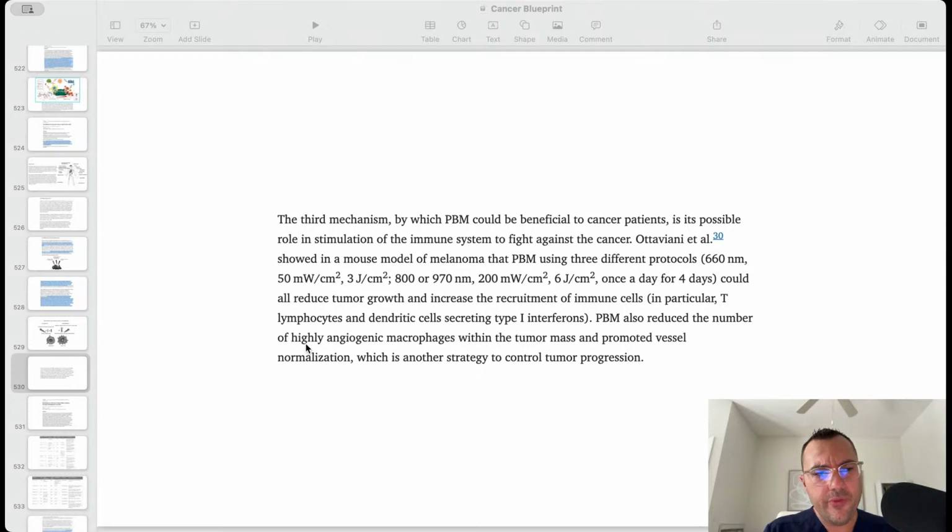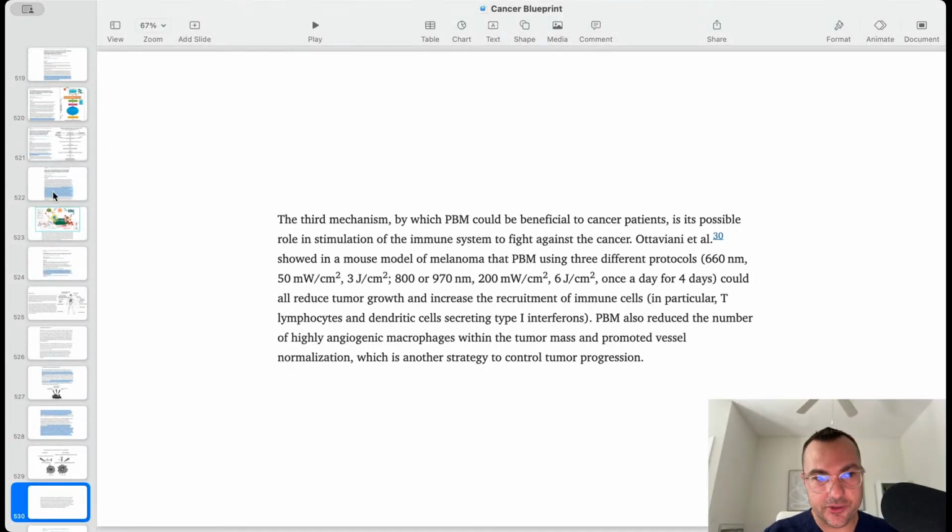And one thing I'll say is that if you notice these studies, okay, how many of you who have red light panels out there, I'm going to buy a $1,000 red light panel, and I'm going to use it once, and I'm going to call it good. I'm good now.